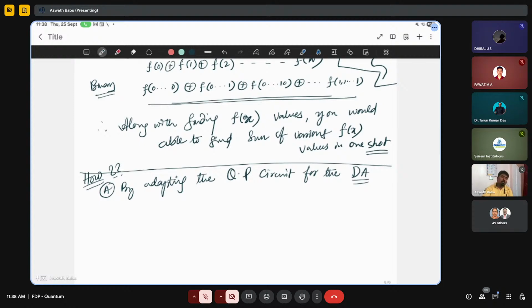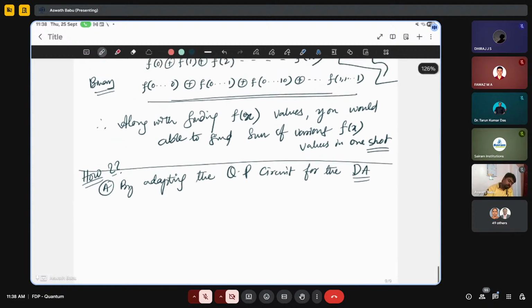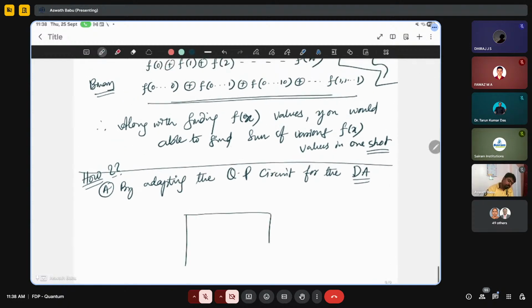Yeah. So what exactly we are going to adopt is, we'll just take the same circuit, unitary function.